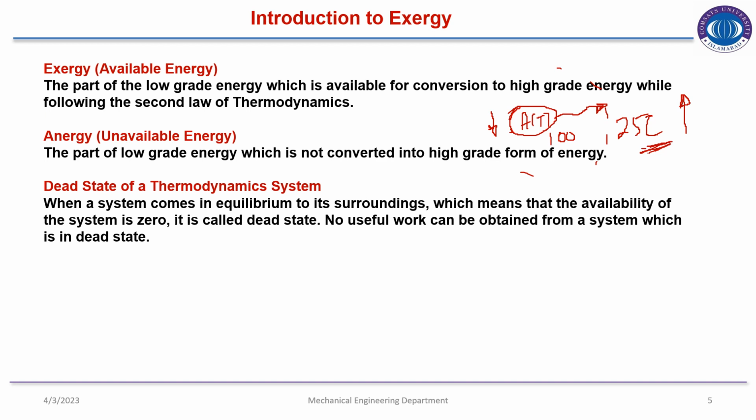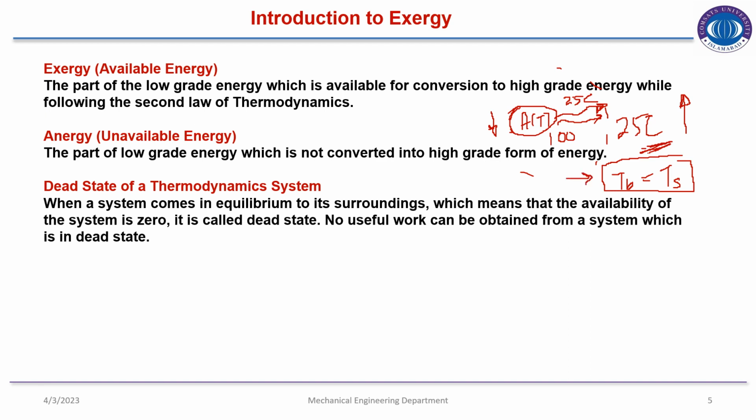As the temperature of the body approaches 25 degrees centigrade, the heat transfer will slow down, and eventually at 25 degrees centigrade, when the temperature of the body equals the temperature of the surroundings, the heat transfer will stop.